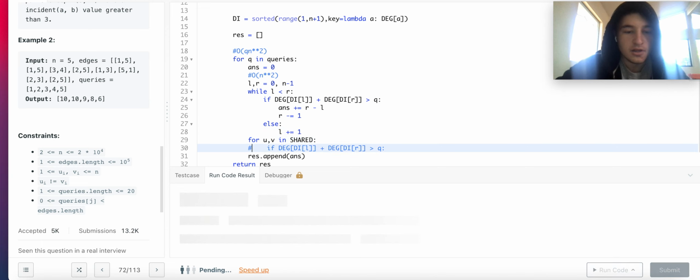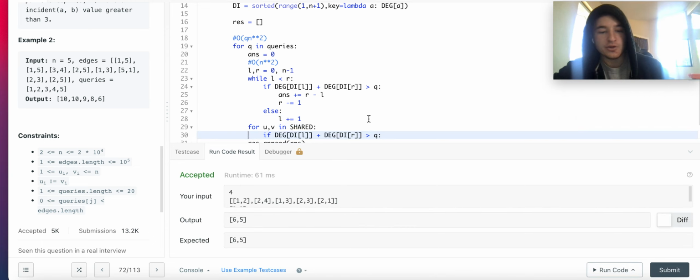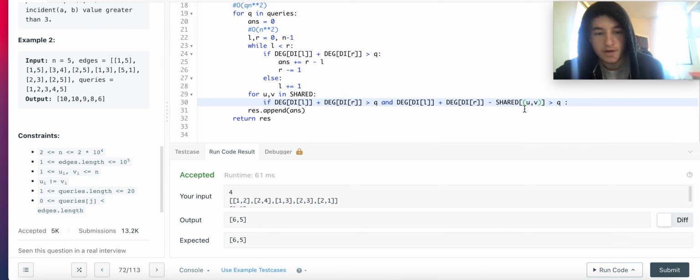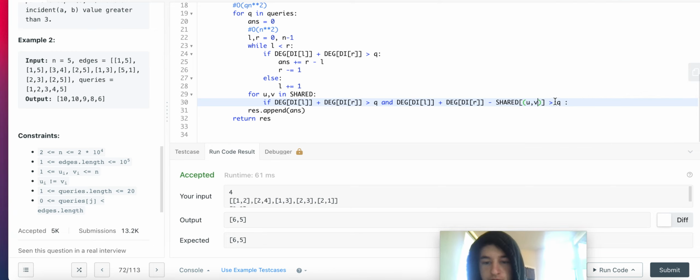So if the degree of this is greater than Q, this means that we ended up counting it, and degree minus shared of UV is less than or equal to Q, right?